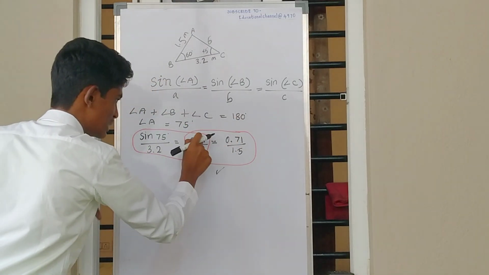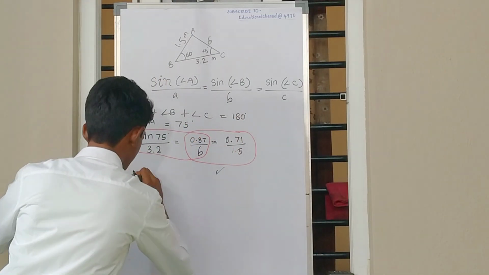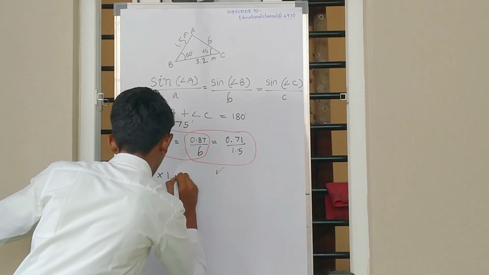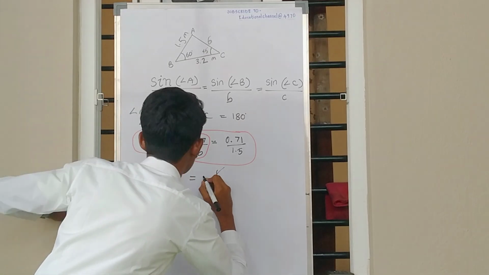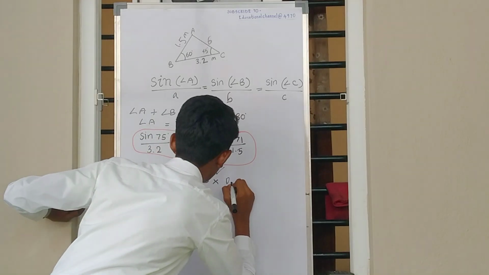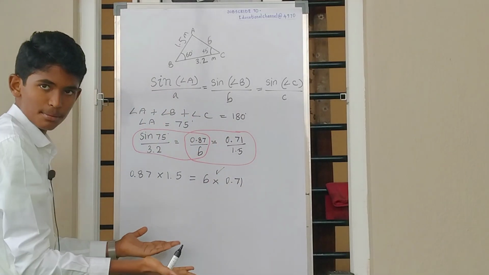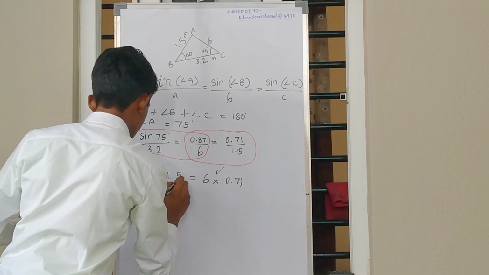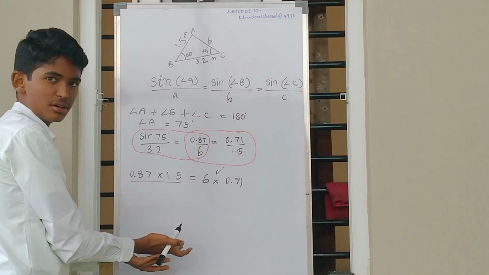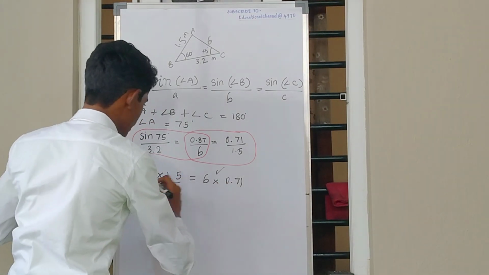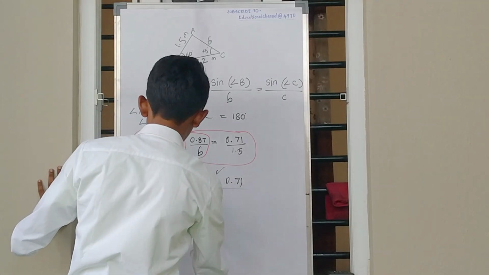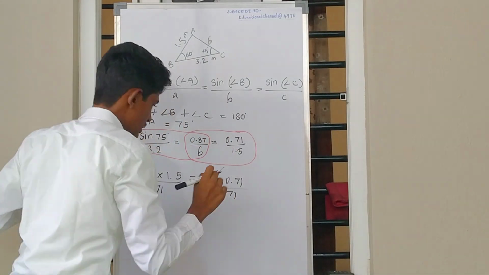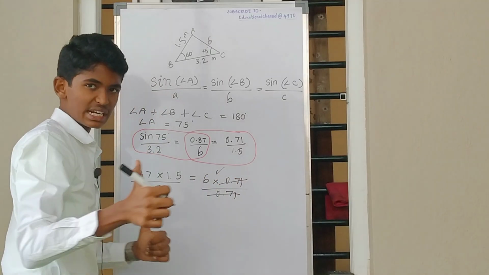Cross multiplication, a basic thing in fractions, right? 0.87 times 1.5 is equal to b times 0.71. Now if you bring this here, it will be division, because it's getting multiplied, so let's divide it by 0.71. Simple.